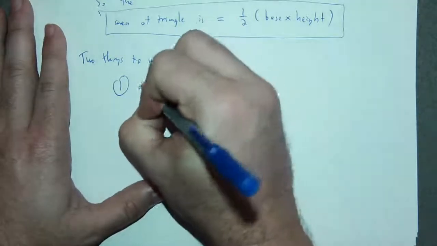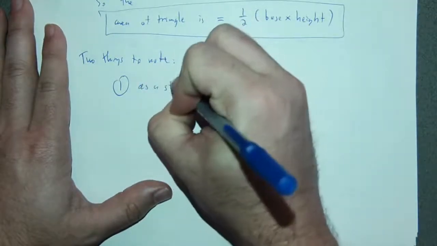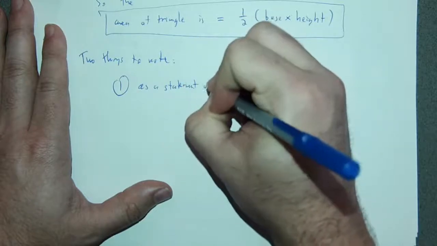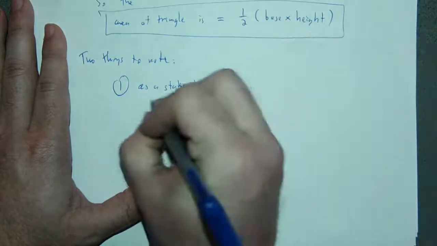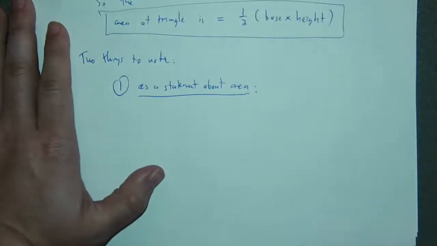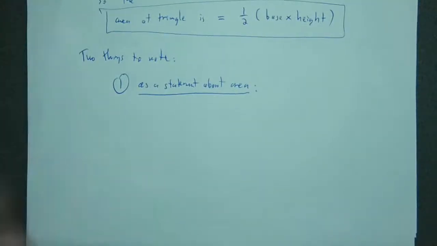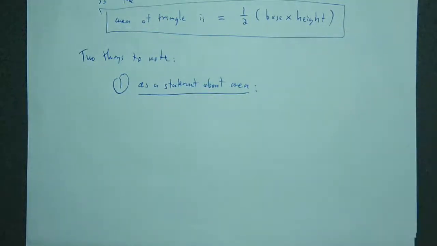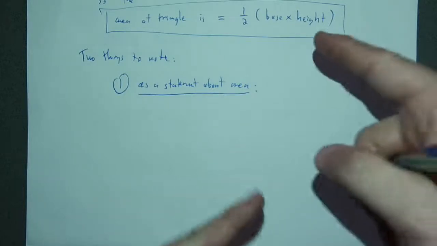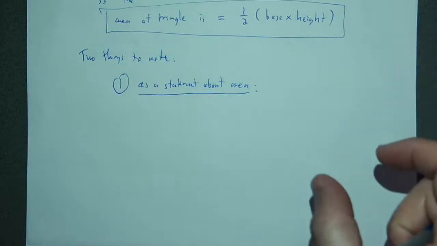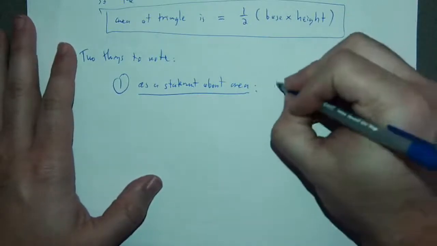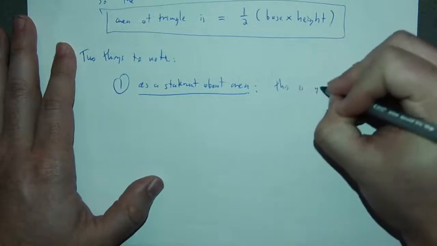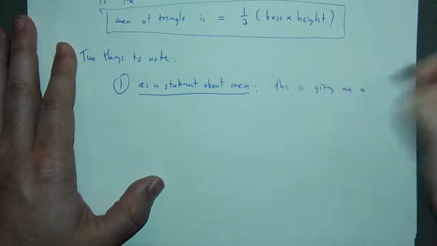As a statement about area, what is being said here is that this is giving me area as a product of 2 numbers, but really, since a product of 2 numbers arising from length is a rectangle, this is giving me a rectangle.